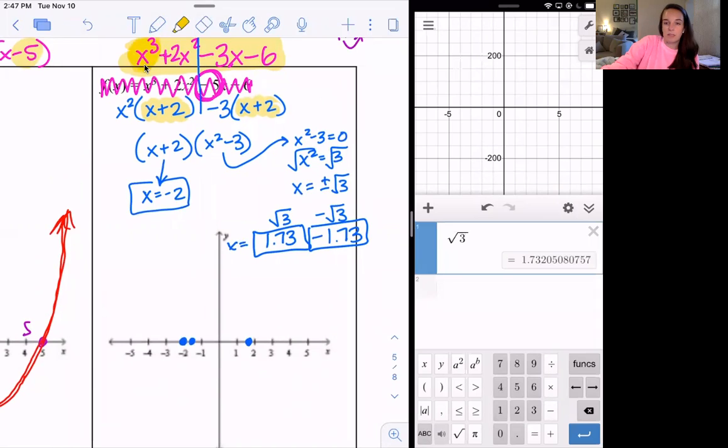Positive, yeah, it's positive. And I know that because it doesn't say negative x cubed at the beginning. So it's positive, so I know it's going to be headed in the upward direction. Each of these is single roots. So I'm going to go ahead and go single root, single root. It has to come above here and then single root again, right? So notice it kind of looks like a double root, but it actually goes through both of them as single roots.